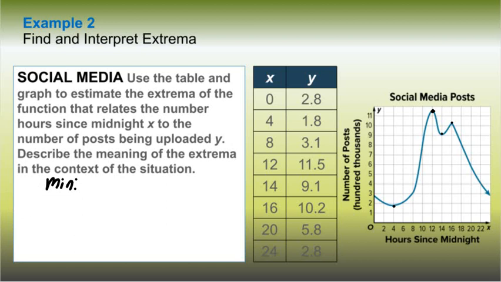At 4 hours, you would have roughly 1.8. Since that number is in the thousands, 1.8 would mean like 180,000. So at 4 a.m. there were 180,000 posts.